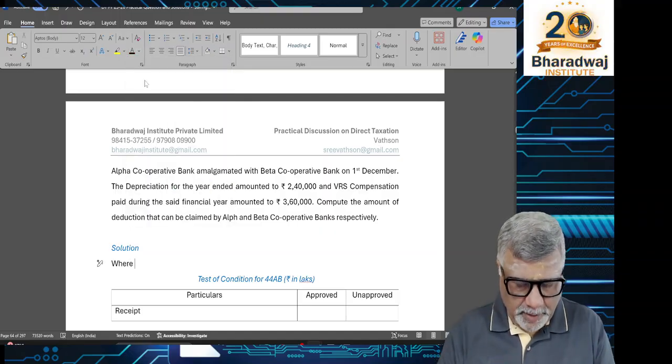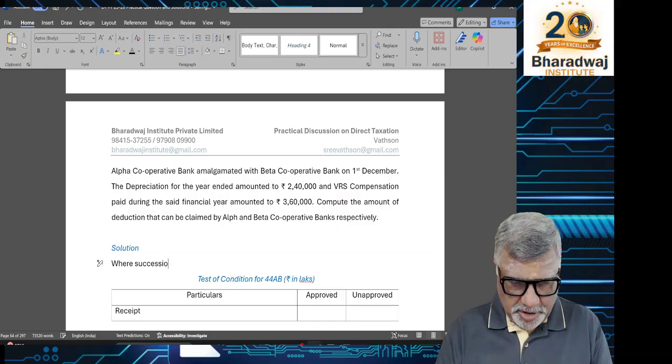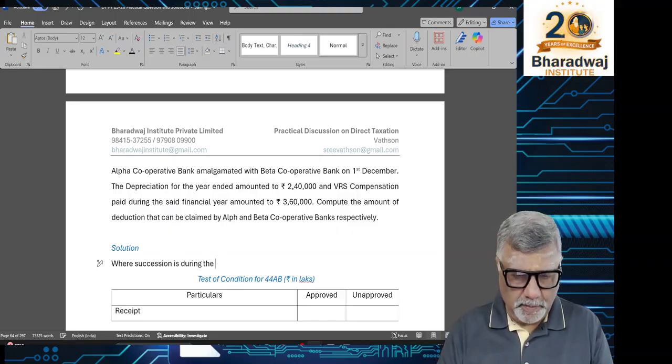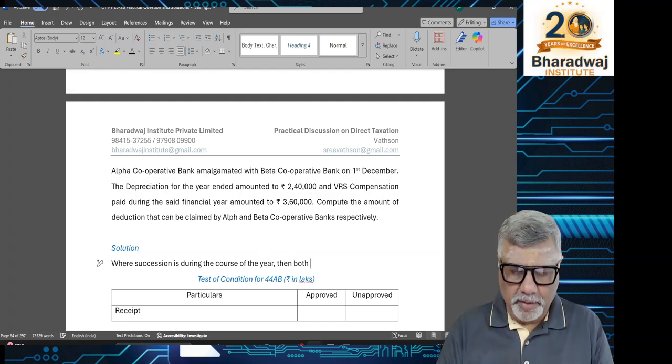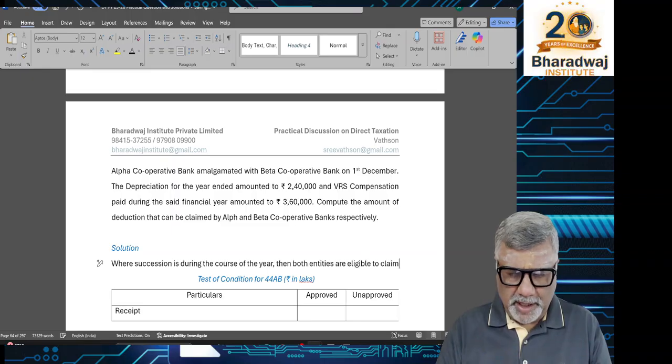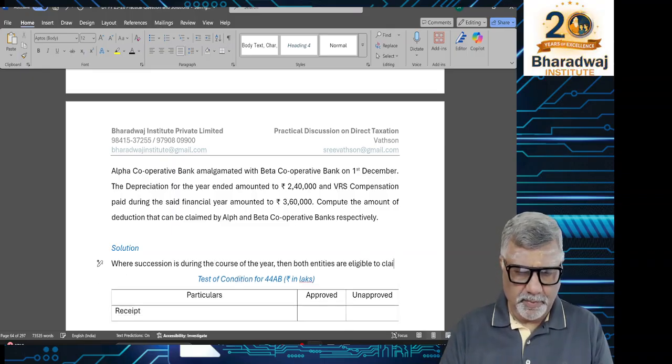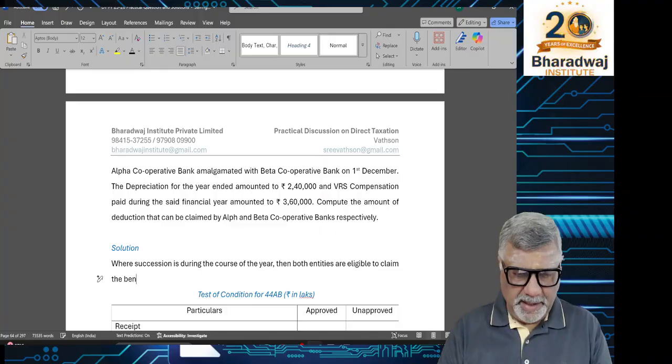Where succession is during the course of the year, then both entities are eligible to claim the benefits on a proportionate basis.